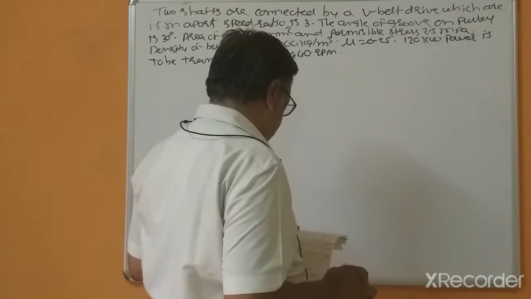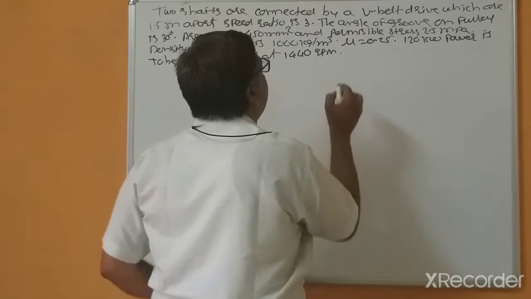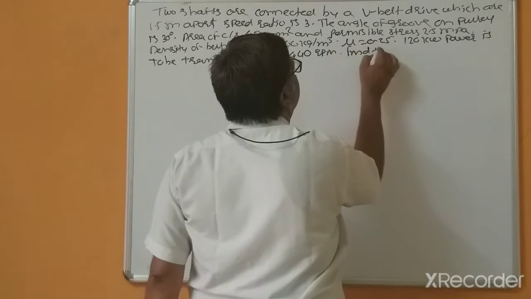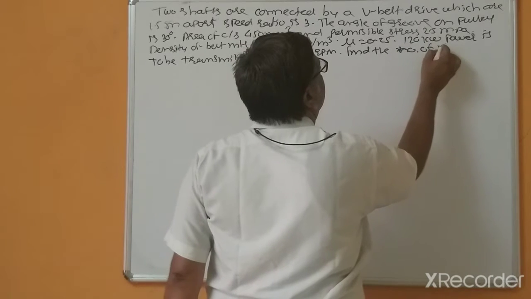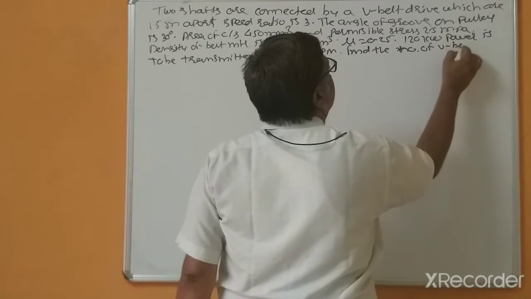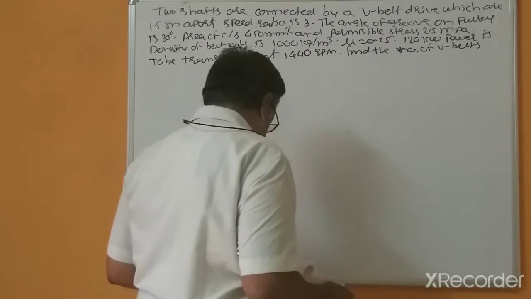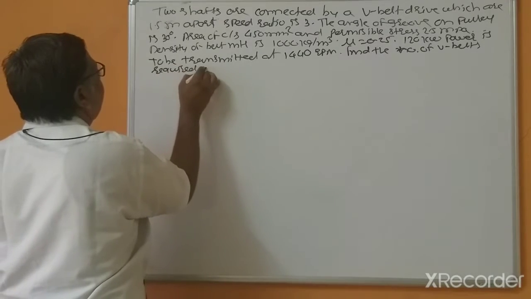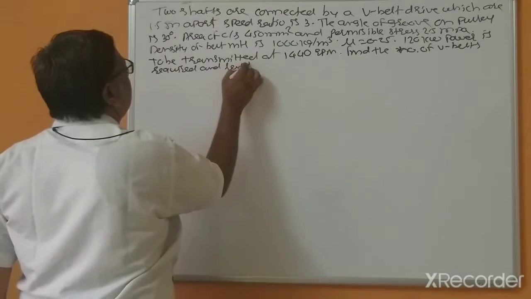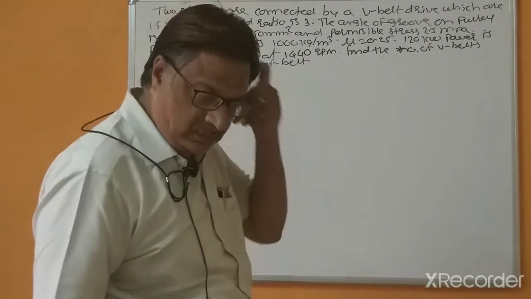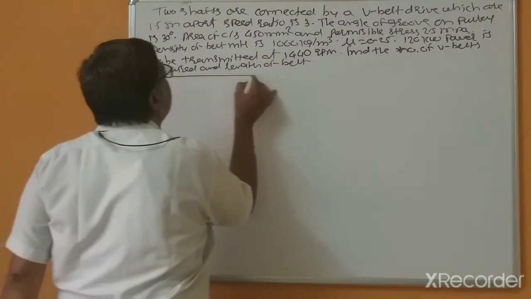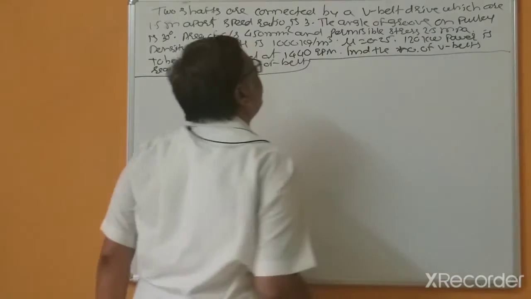Find the number of V belts required and length of belt. So this is given, means according to this data we have to solve the problem.